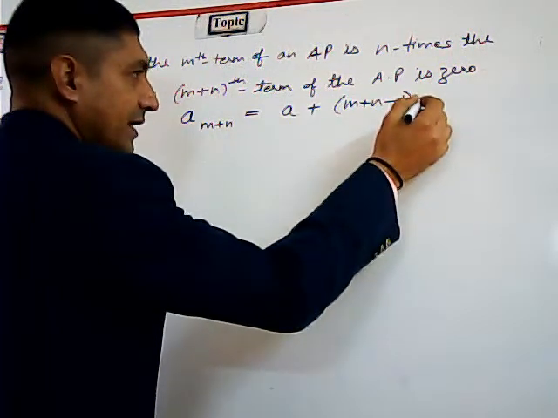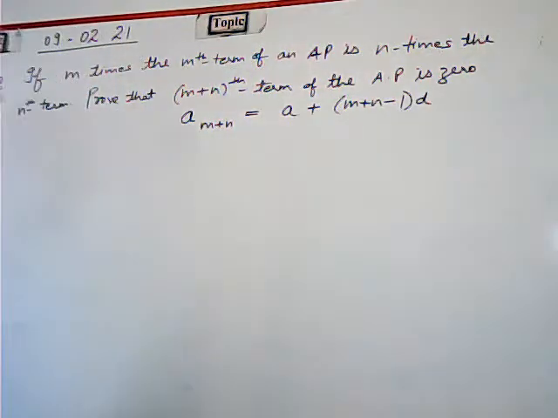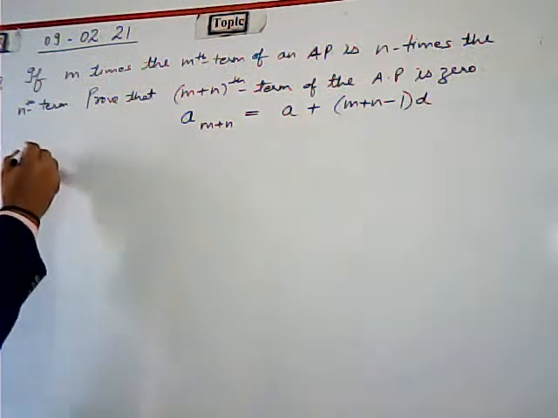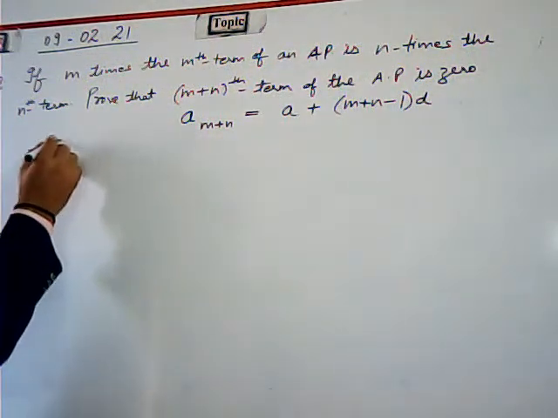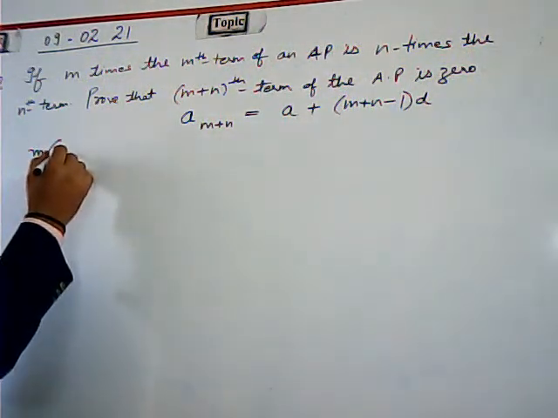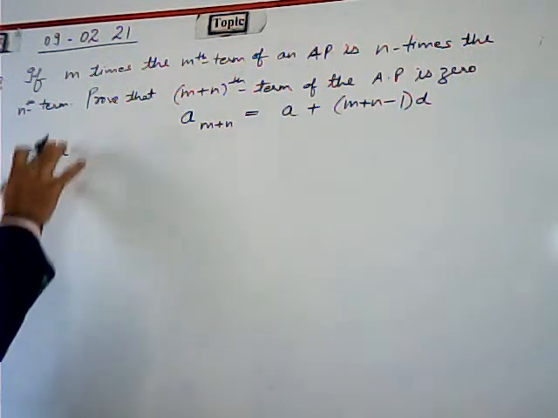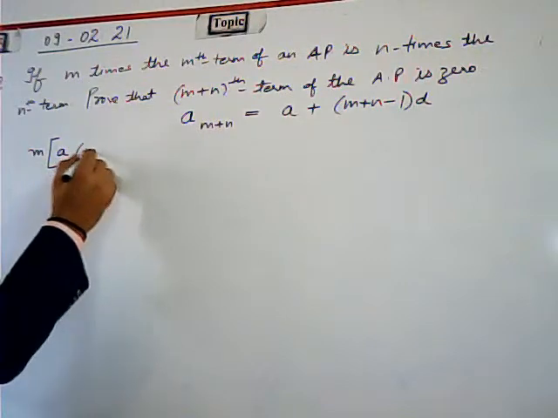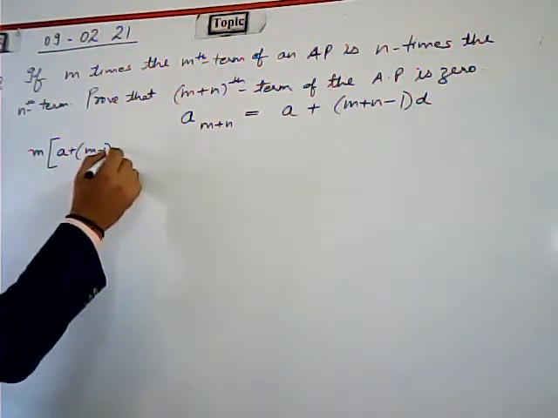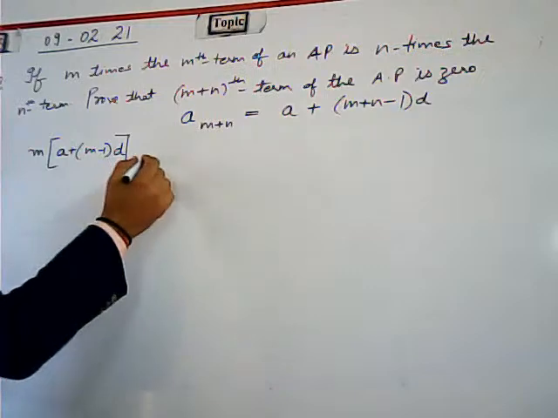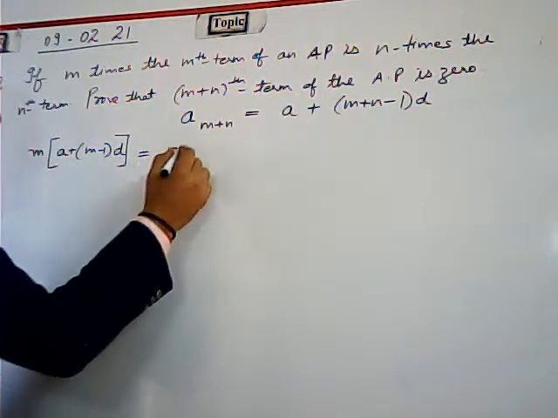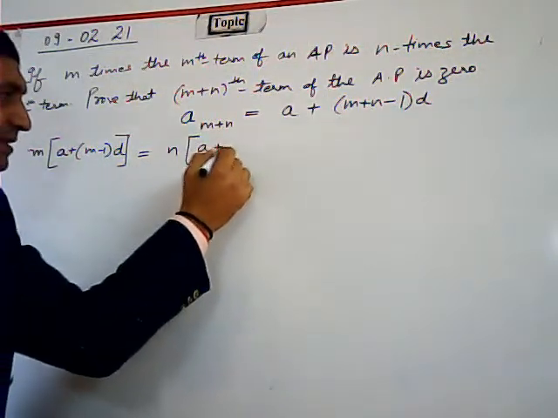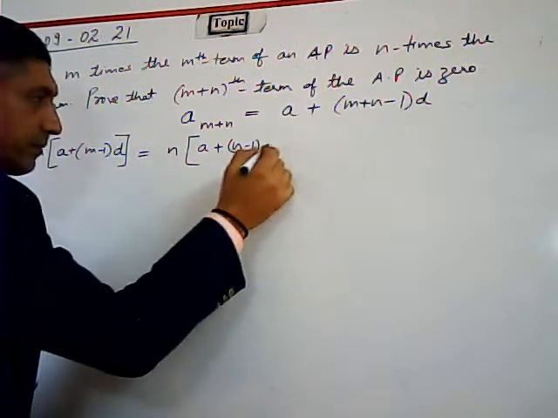This is the term we want to prove is 0. We have m times the mth term, m into a plus m minus 1 into d, is equal to n times the nth term, n into a plus n minus 1 into d.